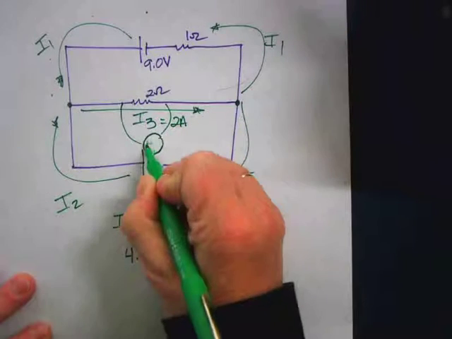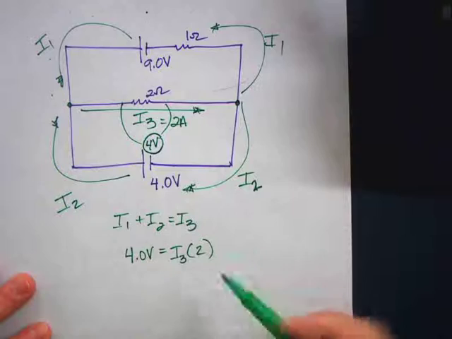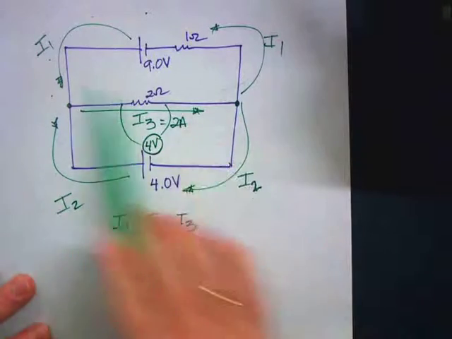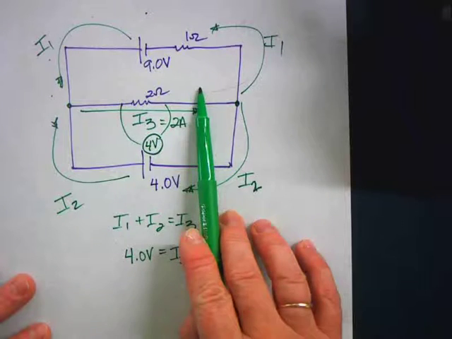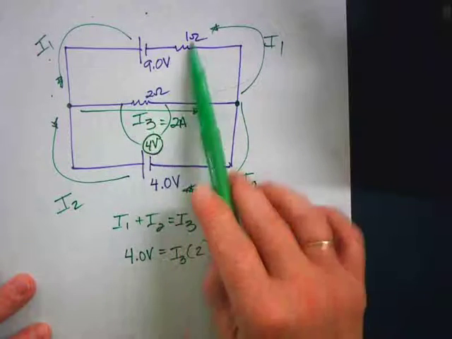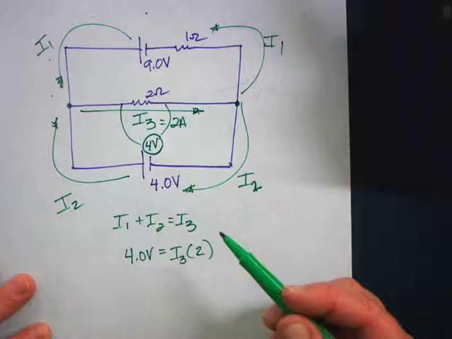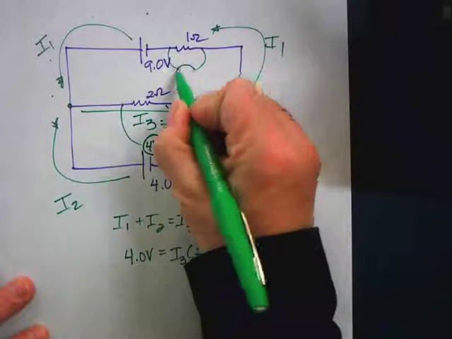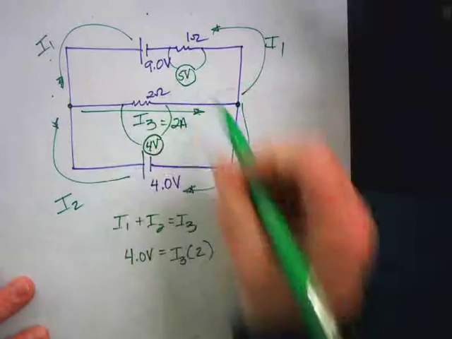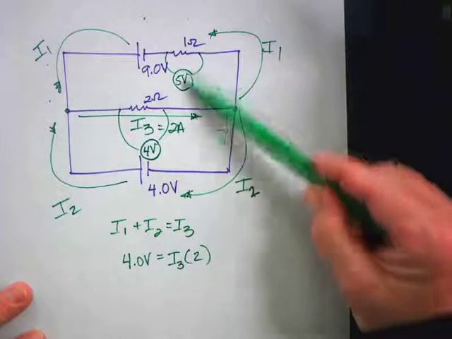Now let's do the top loop. We already know that this was 2 amps here, so we know that 4 volts was dropped right here, correct? We just defined that. So now let's look at the top loop. 9 volts is available, and so that means between these 2 resistors, I've got to drop 9 volts, right?